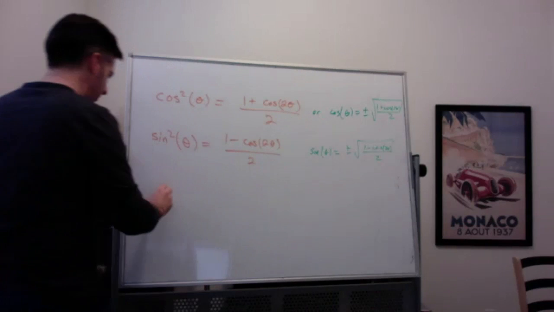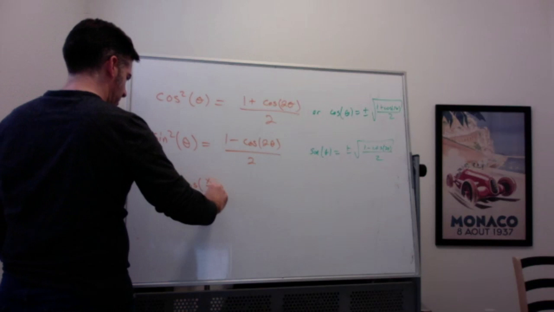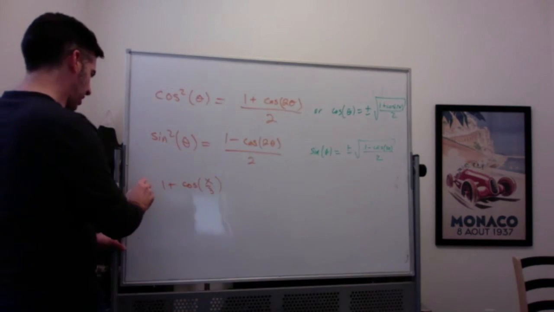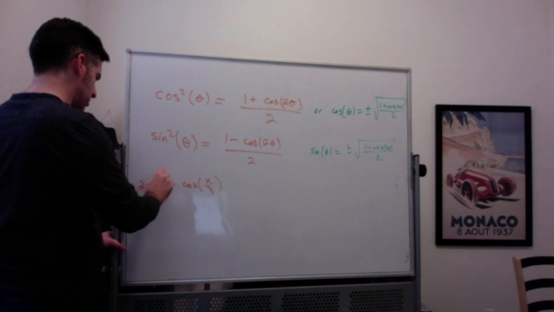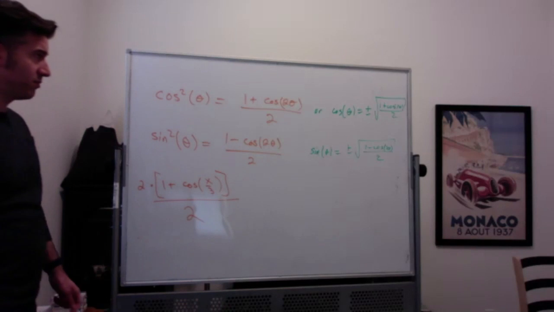So I've got 1 plus cosine of x over 3, and I'm going to multiply it by 2 over 2. So I really got 2 times 1 plus cosine of x over 3, all over 2.